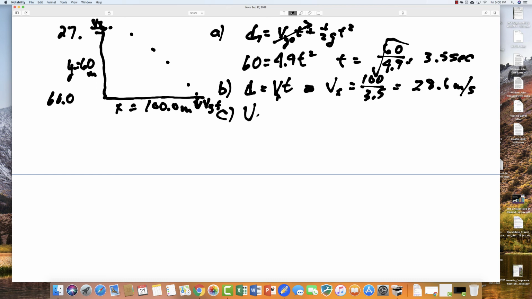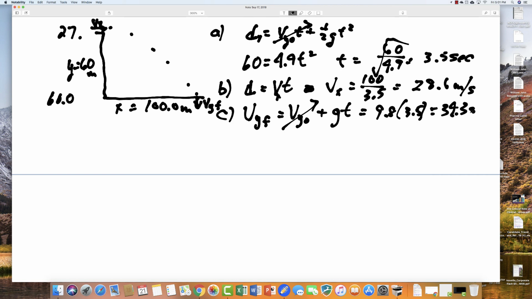Well, the Vy final is equal to the Vy initial plus gt. In this case, Vy initial is 0, and so this is going to equal 9.8 times 3.5. You do the math here, and you get 34.3 meters per second.